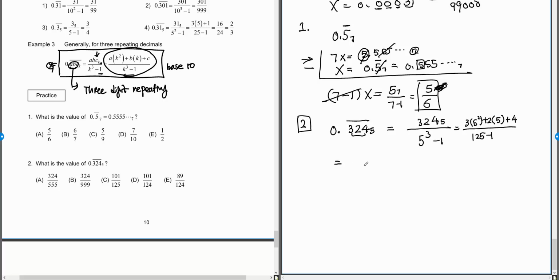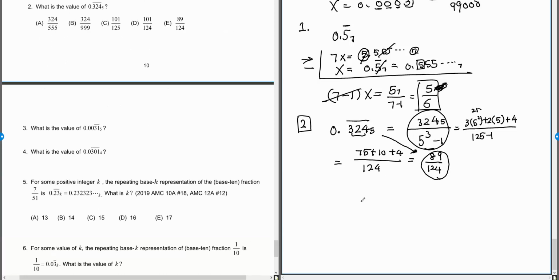The numerator is what? 25 times 3 is 75, plus 10 and plus 4. So that is 89 over 124 in base number 10. Is it okay? This is the base number 5 expression. This is the base number 10 expression. Is it okay?